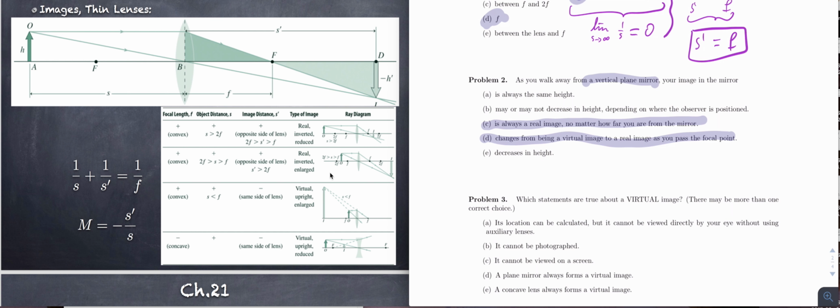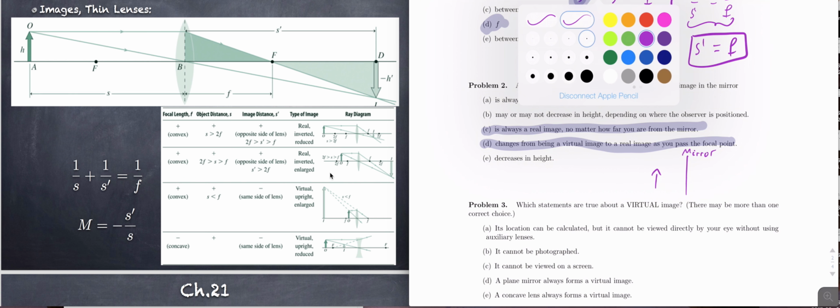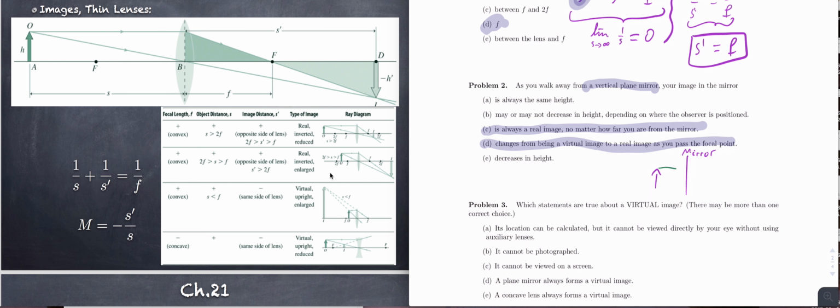Why? Because if we have a plane mirror, so this is your mirror, and you have an object over on this side, and now we're sending light through. If that light is exactly perpendicular to the mirror, it's just going to reflect back, but that means that the image will be inside the mirror on this side, right there.